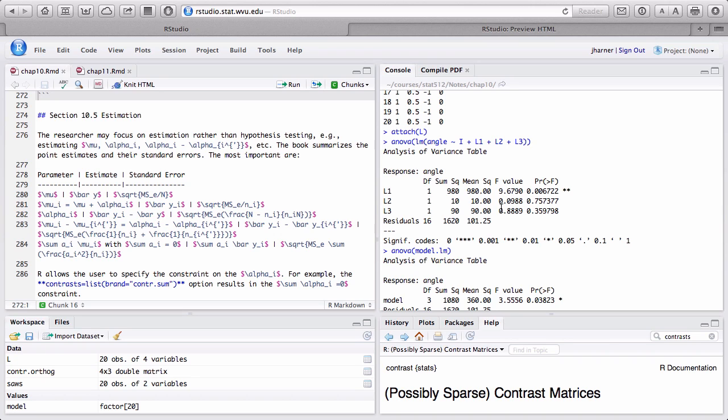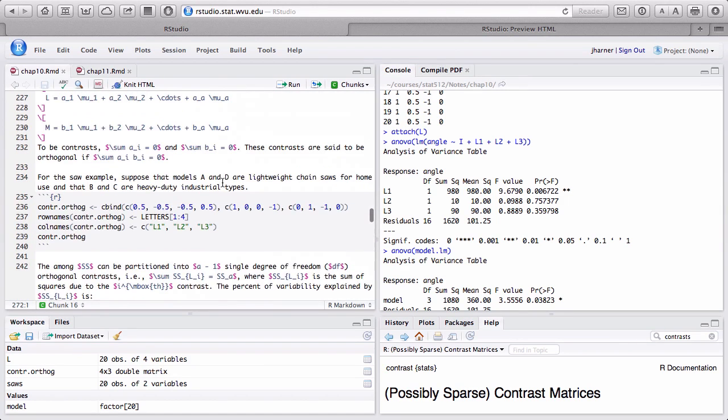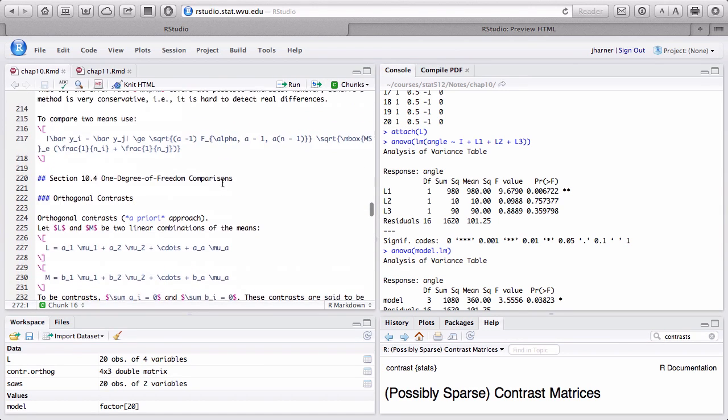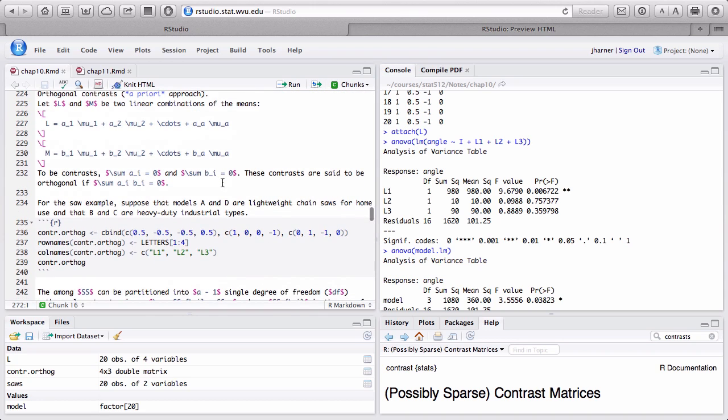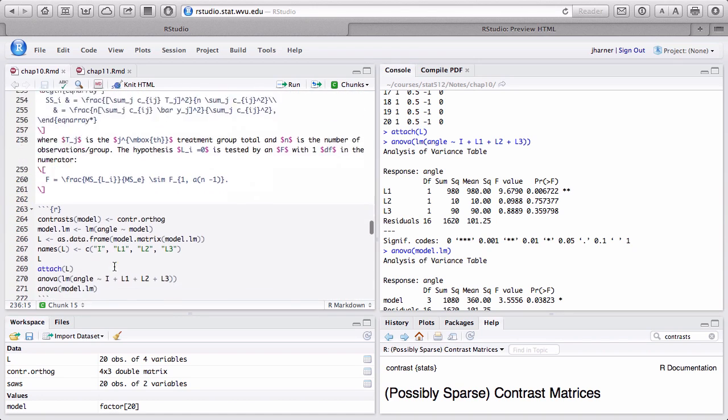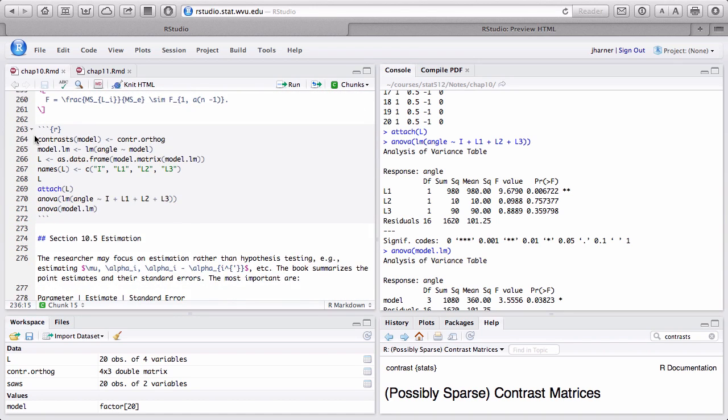You need the contrast matrix defined, and I define that. If I'm only interested in testing, the only thing I really need is this statement right here where I define this, and then this other statement.